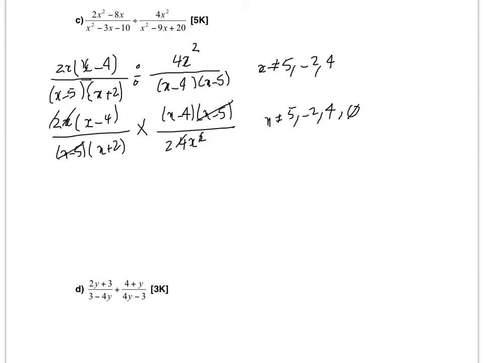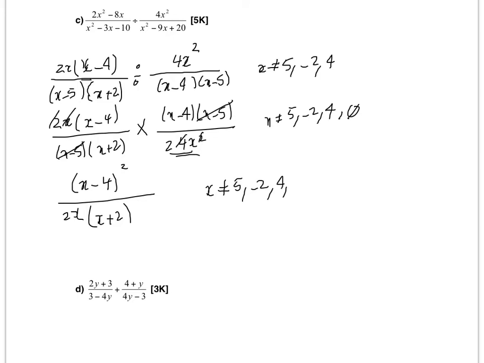So I'm going to end up with x minus 4 times x minus 4 in the numerator, which is x minus 4 squared, divided by, there is a 2x here, so I get 2x times an x plus 2, and the restrictions are x cannot be equal to 5, negative 2, 4, and 0.